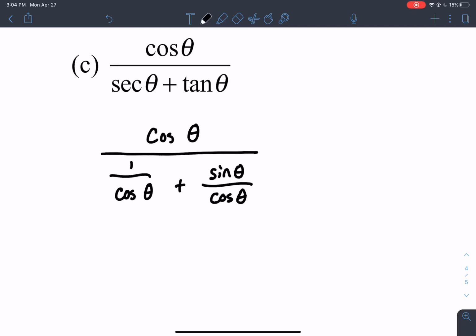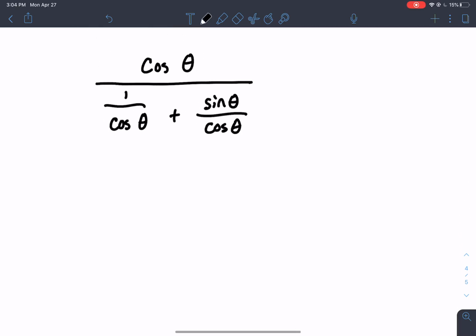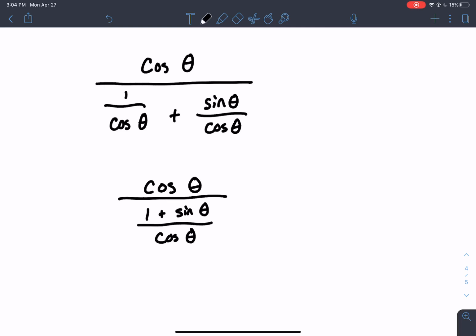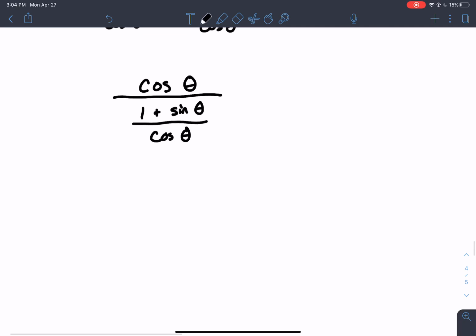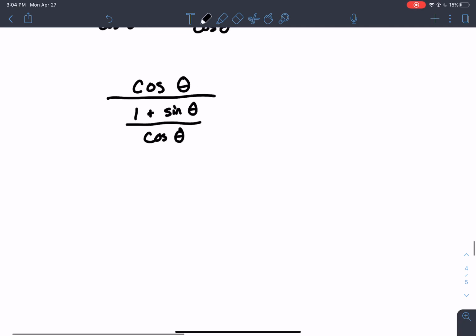So if you put the denominator together, because they have the same terms in the denominator, you got 1 plus sine over cosine. Now if you simplify that, it's cosine times the reciprocal of the denominator, which is going to give you cosine squared over 1 plus sine.